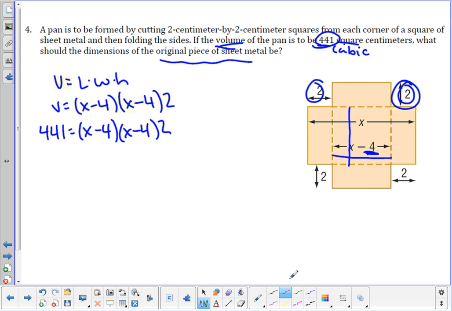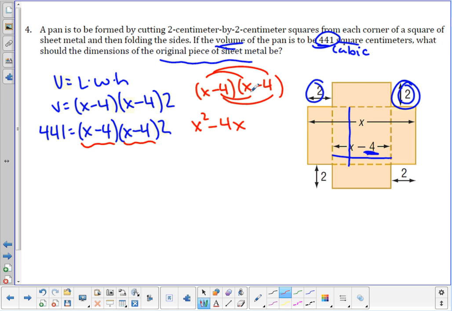All right, so now I need to simplify this equation because I can't really do anything with it the way it is right now. I see that I have a binomial times a binomial, so I need to multiply those, which if you think way back to Unit 3, was when we FOILed or set up a box. So if I FOIL, it's first times first, which is x squared, outside times outside, negative 4x, inside times inside, negative 4x, and last times last, negative 4 times negative 4, which is positive 16.